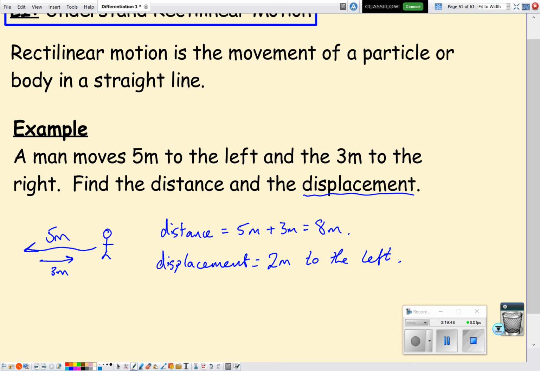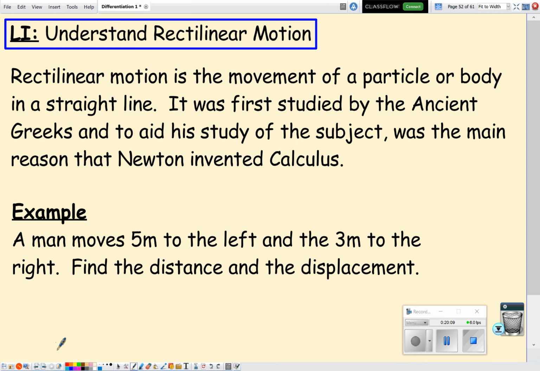So that's a sort of simple way of thinking about displacement. And if all else fails, you're still not very sure about that, just think of it as a distance. Anyway, I'm sure that'll probably get you by enough for what we're going to do. So let's have a little look at the calculus connections. So this is the last thing that we're going to take a wee look at.